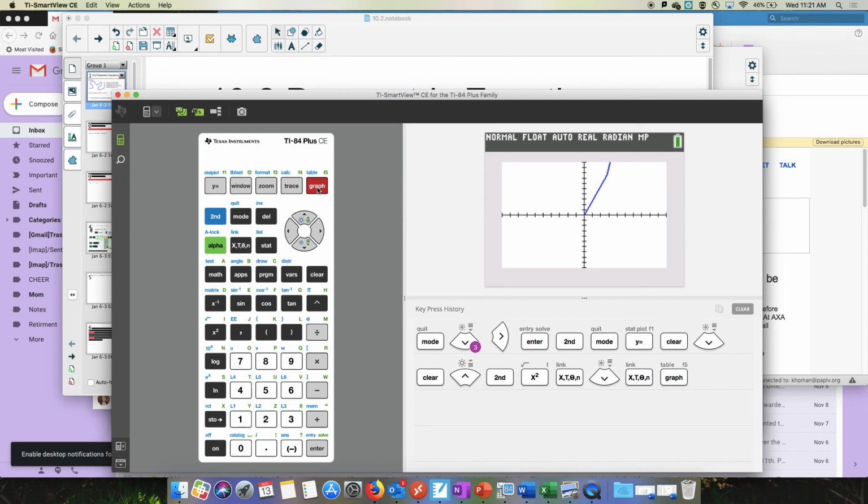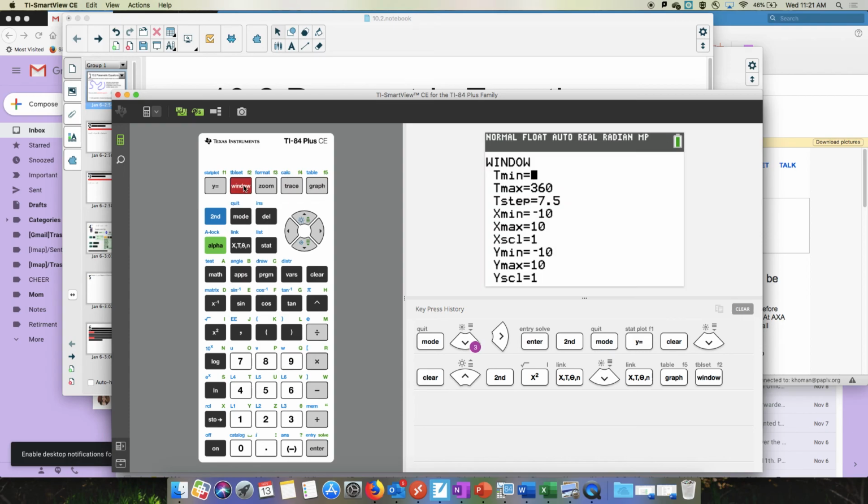Does that look like half of a parabola? No. Go to window. Look at my window. My step is 7.5. That means every 7.5 it's plugging in a t. That does not make sense. What is your step? 0.13089969, probably pi divided by 12.